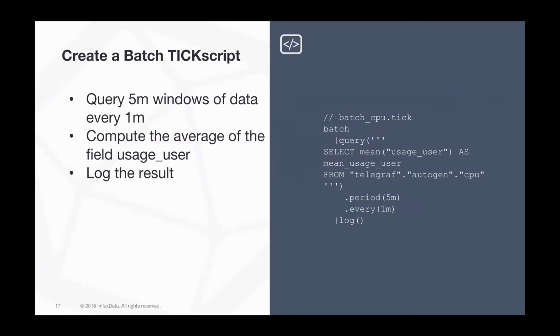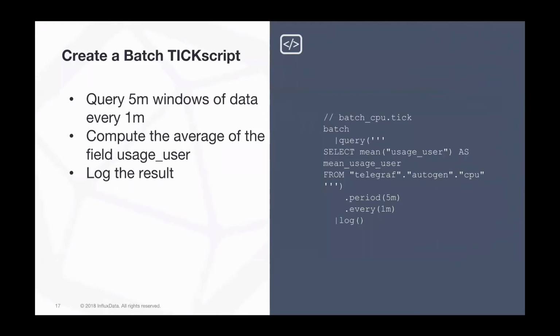So you're selecting the usage_user, the average of usage_user, relabeling it as mean_usage_user, and then you're dictating from which database you want to grab that. So you're grabbing it from the default telegraf, retention policy autogen, and specifically the cpu measurement.